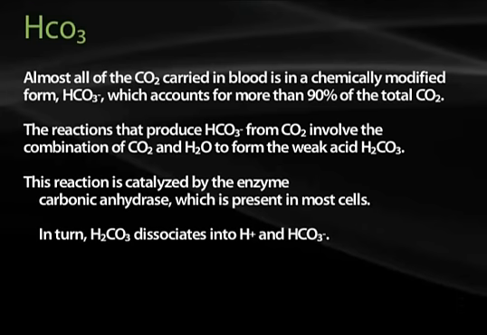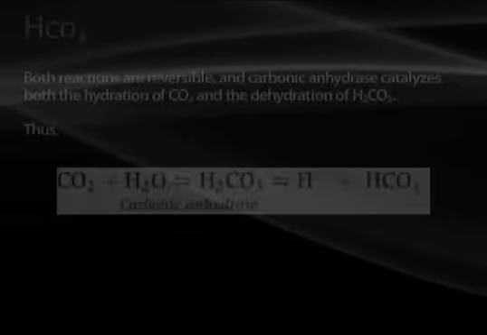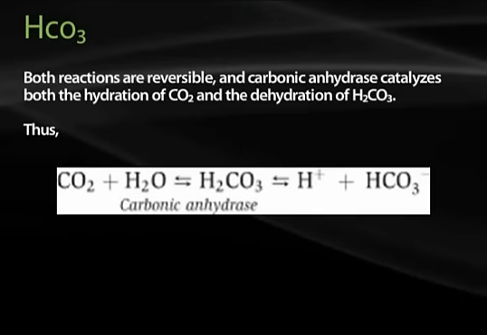H2CO3 dissociates into hydrogen ions and bicarb. Both of these reactions are reversible, and carbonic anhydrase actually catalyzes both the hydration of CO2 and the dehydration of H2CO3. So that CO2 plus H2O goes to H2CO3, which goes to hydrogen ions and bicarbonate anions.